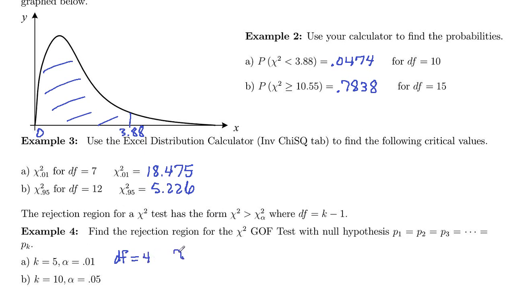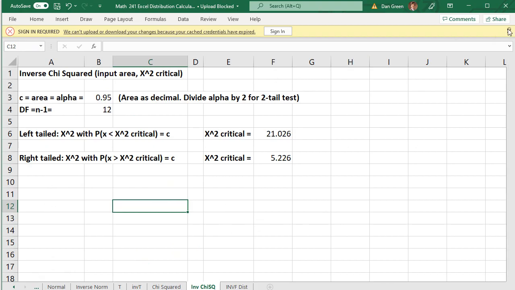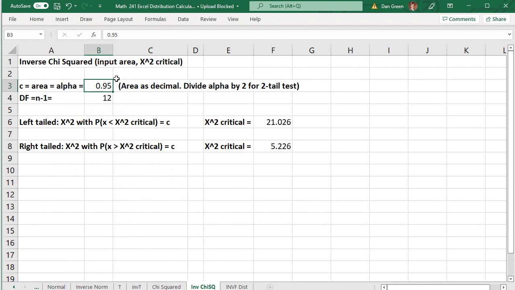And we want the critical value chi-squared 0.01. Your subscripted number is your alpha. So degrees of freedom 4, chi-squared 0.01. We'll go to our distribution calculator again. 0.01 for our alpha, degrees of freedom 4, and again we want right area.